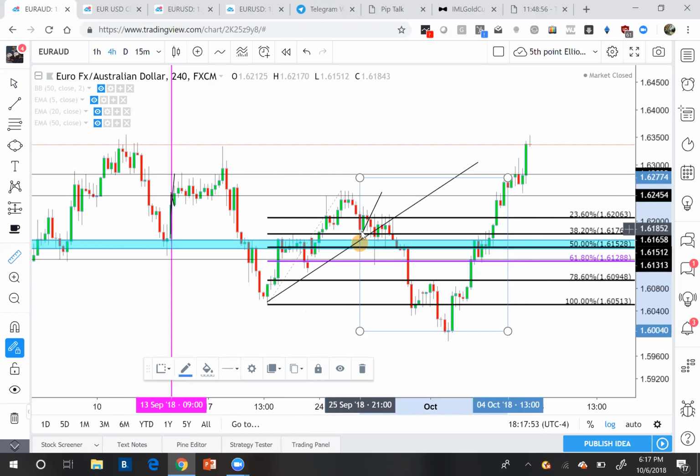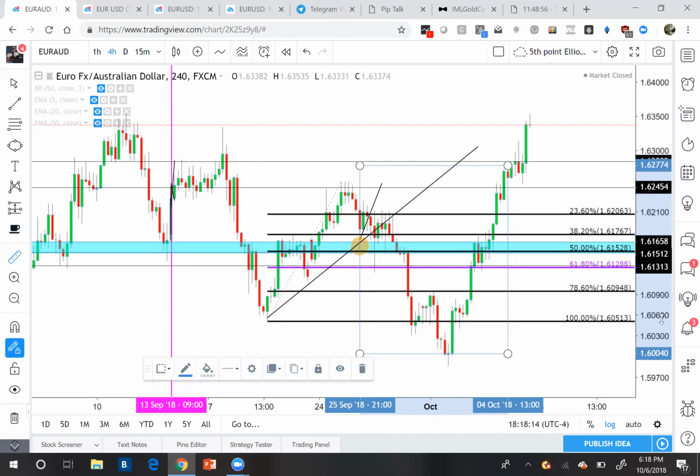Meaning that once you're in about 5 to 10 pips in profits, bring your stop loss above the entry and put it at least 2 pips above the entry so that if the trade reverses like this, you're not going to lose money. So that's why he can give trades like that.